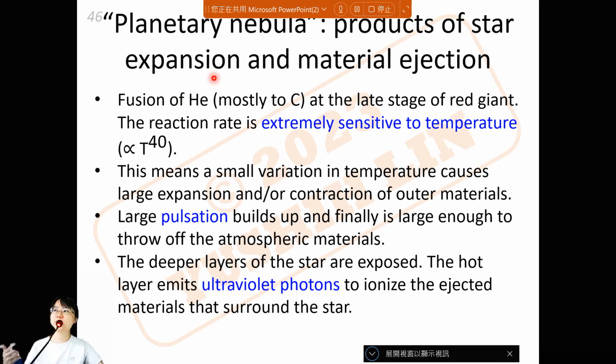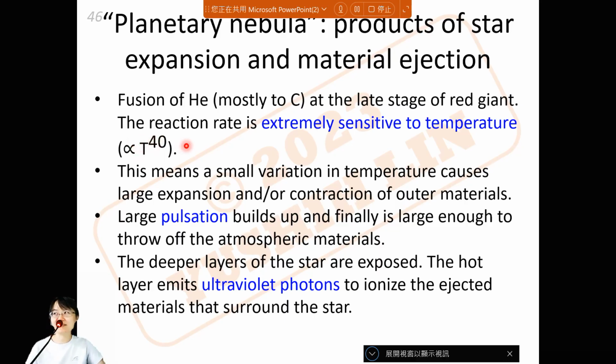So previously, when we talk about giants, like our sun, at some point it will start to fuse helium to carbon. Fusion of helium to carbon happens at the late stage of red giant. This reaction is actually extremely sensitive to temperature. How sensitive? It will change proportionally to the temperature to a power of 40.